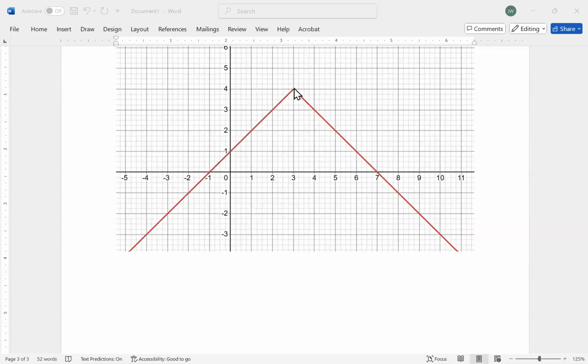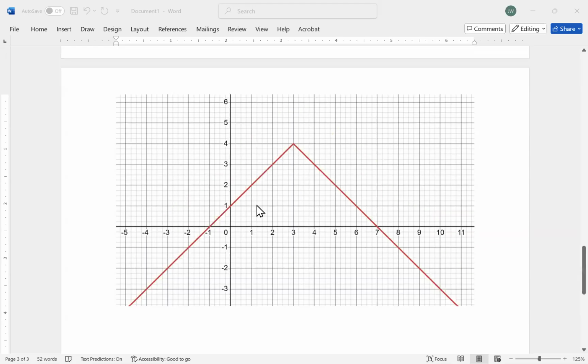Now this is pointing down. My graph is pointing down instead of pointing up, and therefore there was a flip across the x-axis at some point in time. What I would do is I would say this looks like we took the absolute value function, we shifted it right 3 units, then did a flip, and then shifted it up 4.